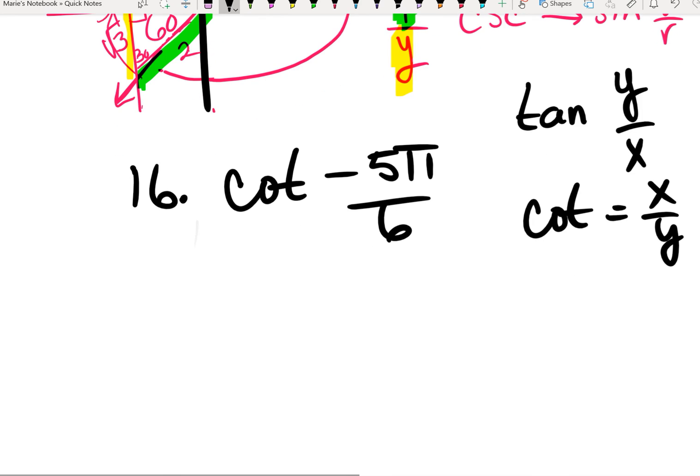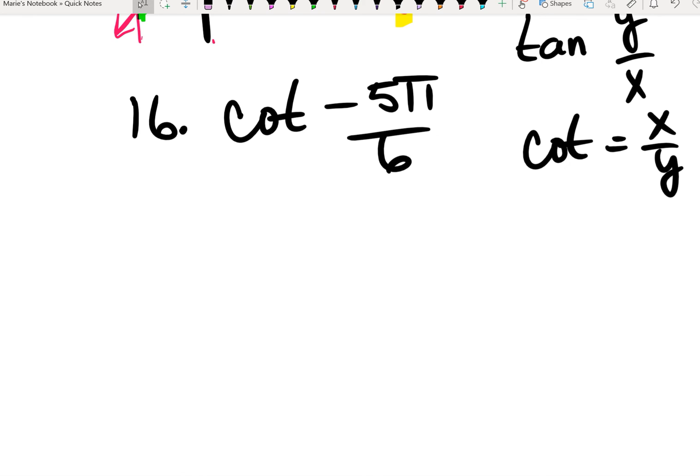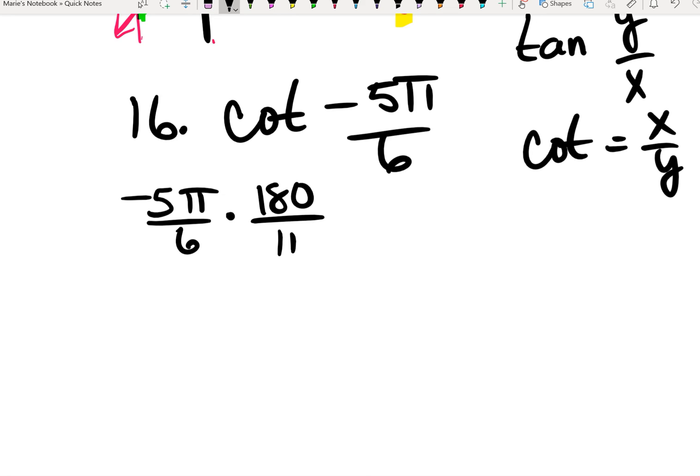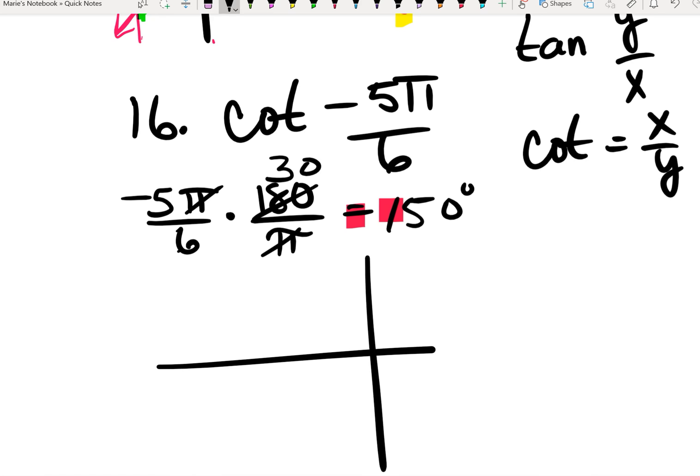Also keep in mind that that's a negative, so that's going to also help figure this out. Now if I take negative 5 pi over 6 and I convert it to degrees, again, it helps you see the big picture. So I know that the pi's cancel. 6 goes into 180 30 times. 30 times negative 5, negative 150 degrees.